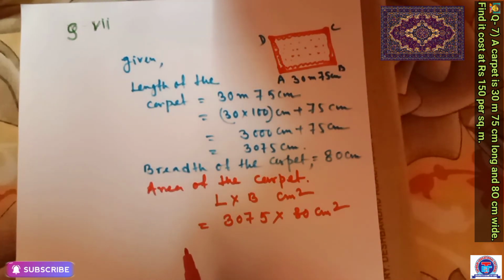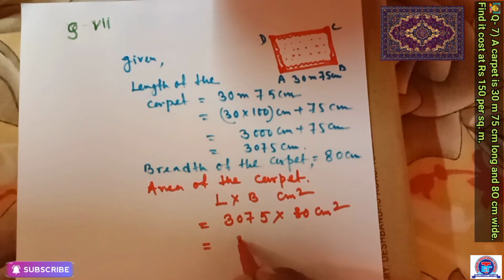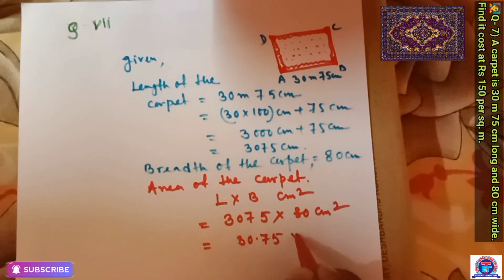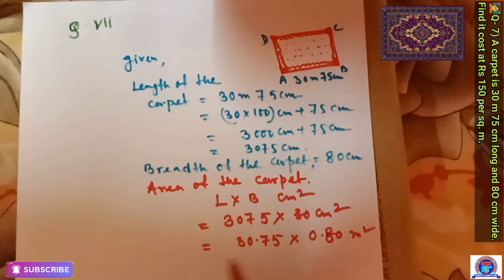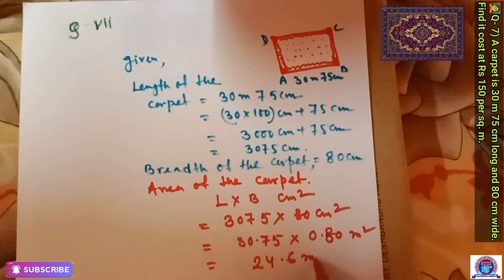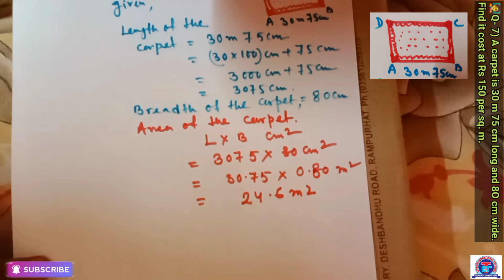Now we convert this into meter. So we can write this as 30.75 into 0.80 meter square. Now if you multiply, then it will become 24.6 meter square. Correct? So we got the area of the carpet.